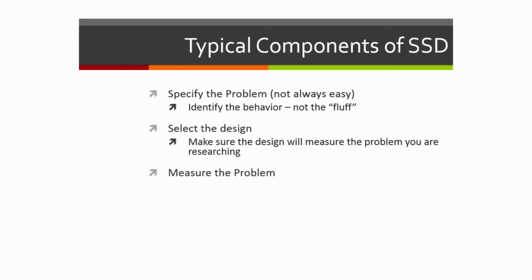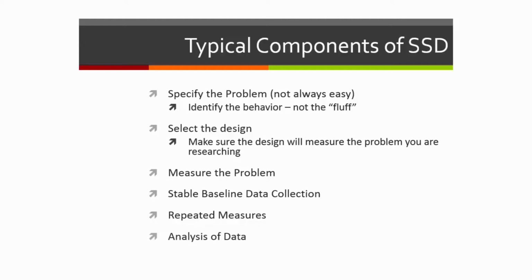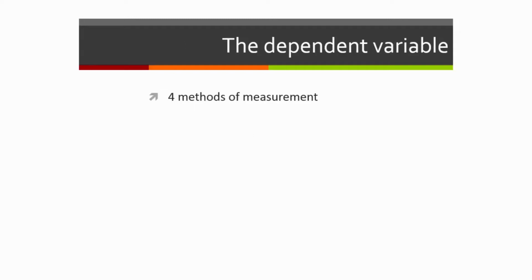And when we do, again, it's repeated measures. It's data points. You've got to get them. You get that stable baseline through data collection, and then you repeat your intervention, and get as much data as you possibly can. And once you get that data, you have to analyze the data, and then basically you make your consensus based on the results of your analysis.